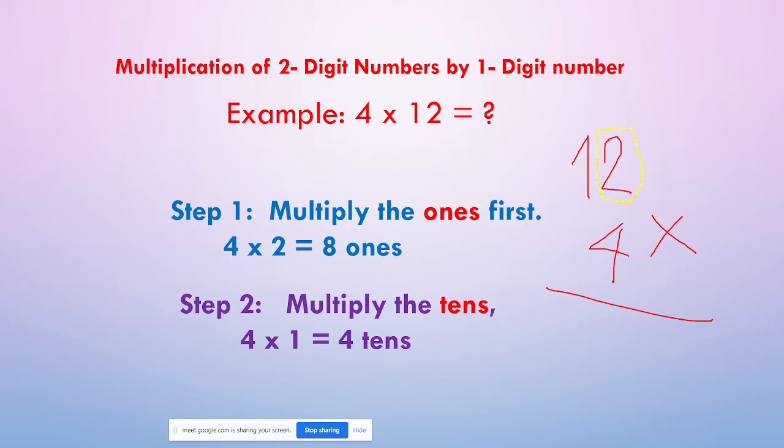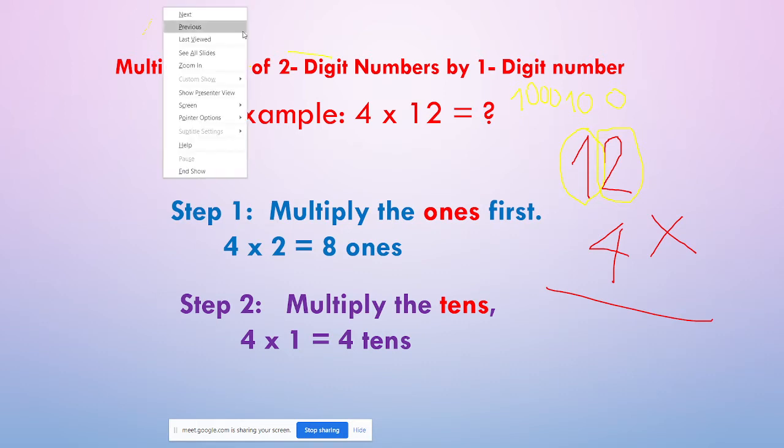This is the ones place. This is the tens place. And then you will have the hundreds place. If you have more numbers here, you have hundreds, thousands. So again, when you multiply two-digit numbers, you always start with the ones place.